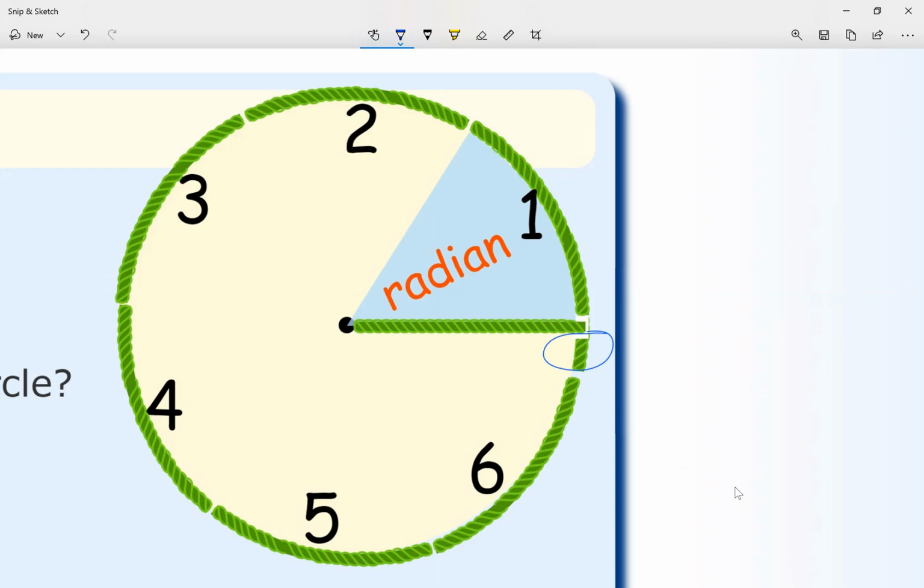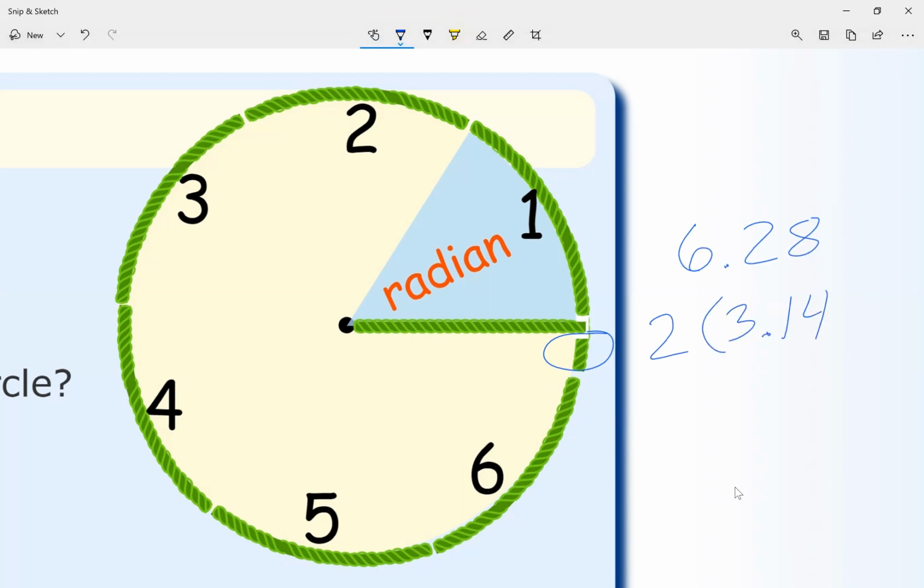As a matter of fact, if I was to round this to 2 decimal places, it will give me about 6.28. So 6.28 radii.